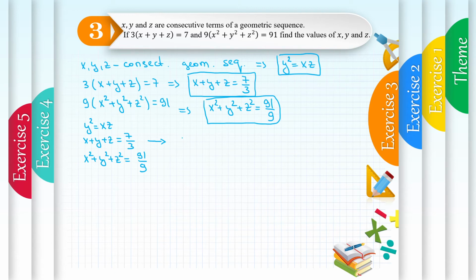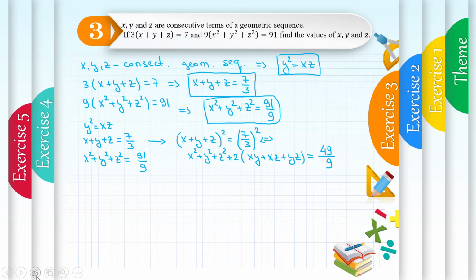So from this one we will get that (x plus y plus z) raised to power 2 is equal to (7 over 3) raised to power 2, or equivalently x squared plus y squared plus z squared plus 2 times (xy plus xz plus yz) is equal to 49 over 9.